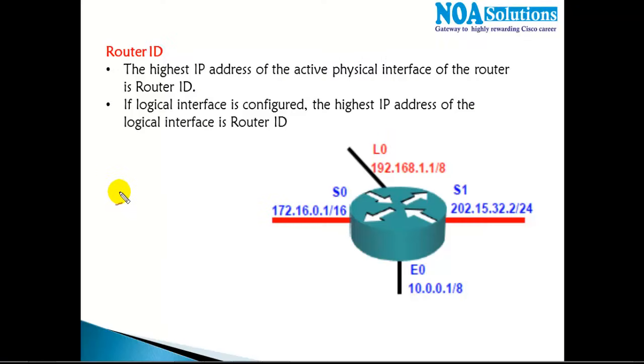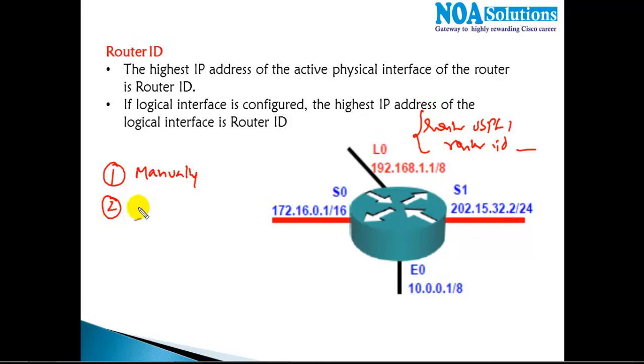Which means the first preference will be given to the manual router ID. Either you can give the router ID manually, there is one option. There is a command called router ospf 1 and then router-id, something like that. We can give the manual router ID with some command over there. If I don't give a manual router ID, by default it will take the highest IP of the loopback interface, if you have any loopback interface.